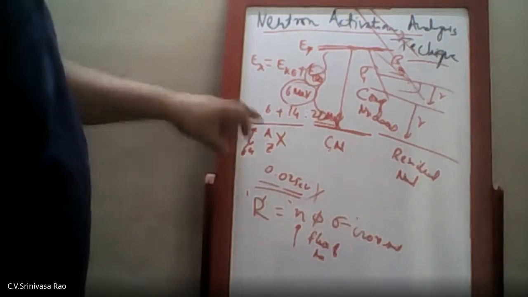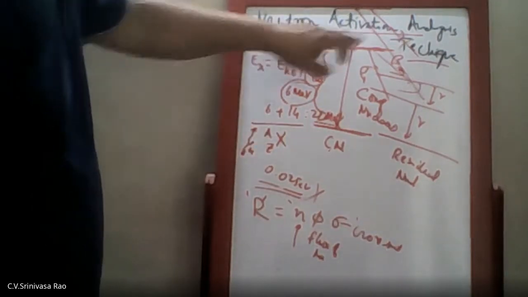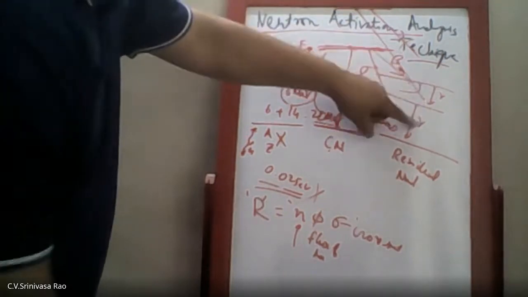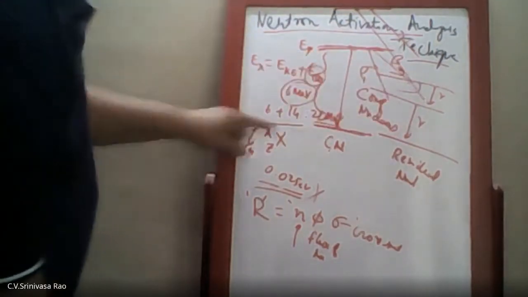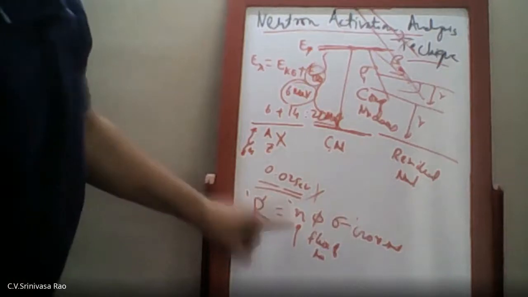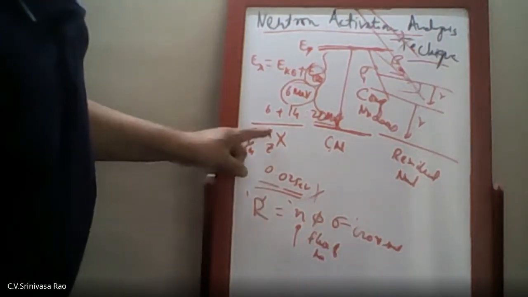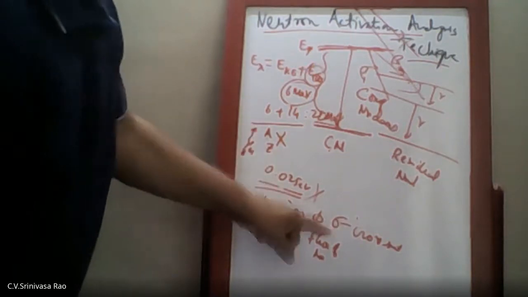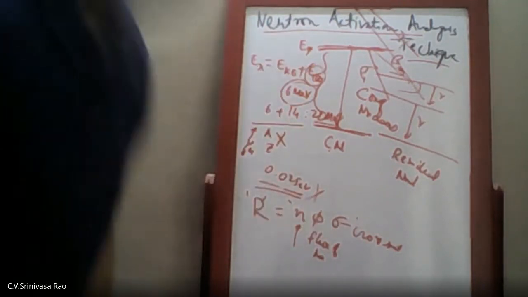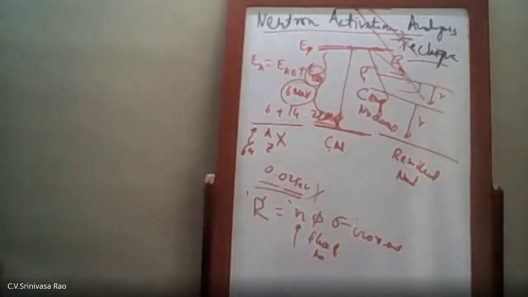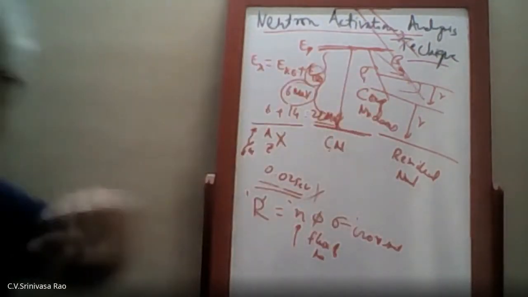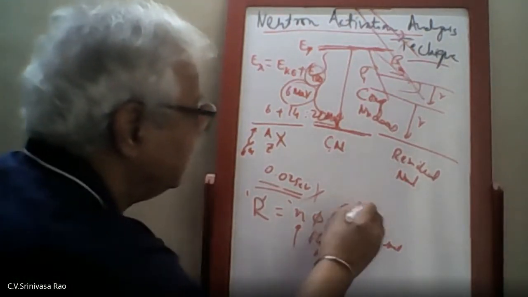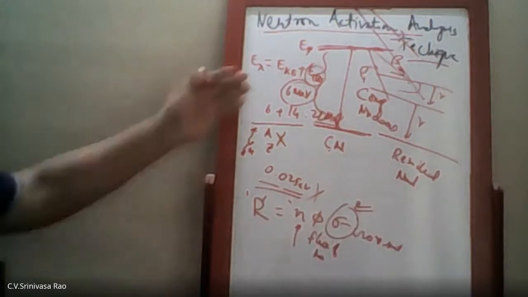Use the neutrons to bombard targets, produce betas and gammas, and I can measure them. By measurement of this, I can tell lots of things about either the number of nuclei present in the target, or the flux of neutrons falling on them, or I can measure the cross section. I had used this technique in my PhD to measure the cross sections for various elements.